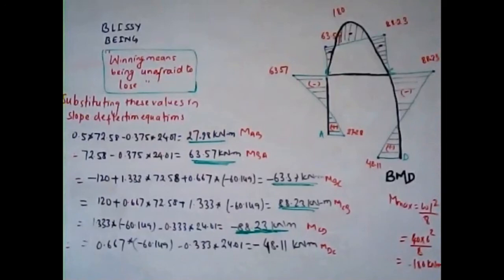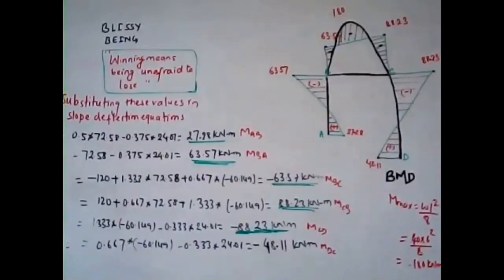But the major concern here is that we have the uniformly distributed load in section BC. We all know that if you have a UDL, then the BMD will always be a parabolic curve, so we need a parabolic curve in the figure.